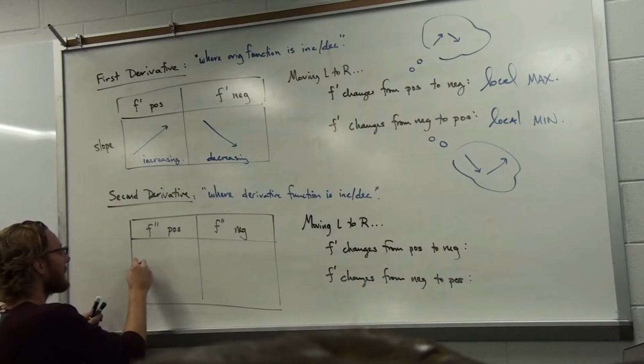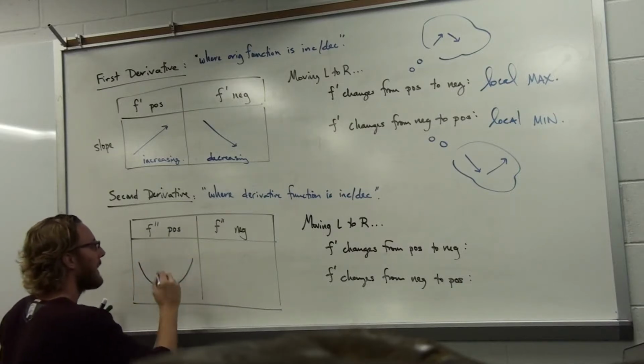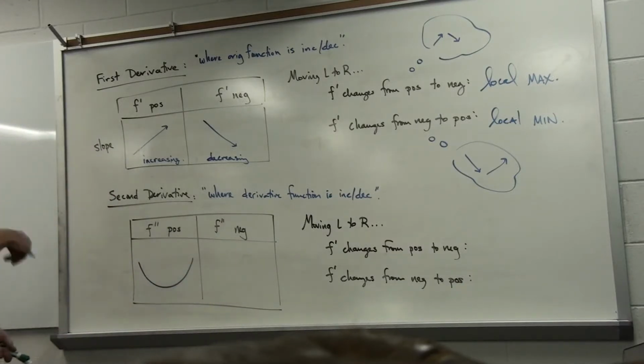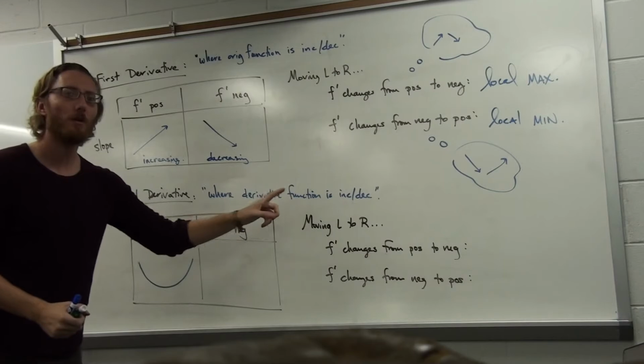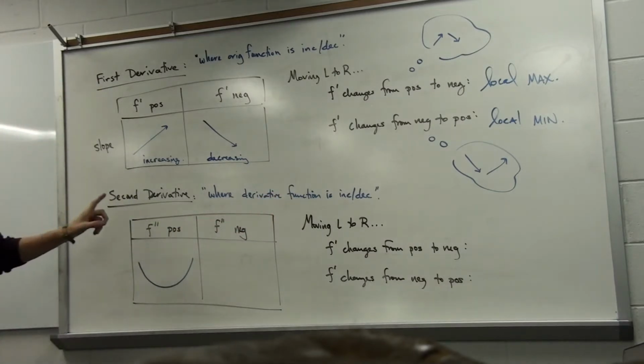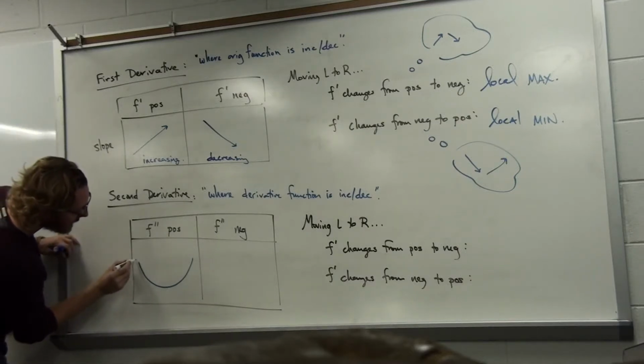So my claim is that this shape, essentially the shape of a smile, is the shape of a function where the derivatives are increasing, where the second derivative is positive. Because think about this. Think about the slopes along this function.